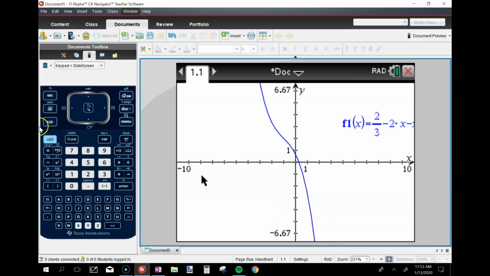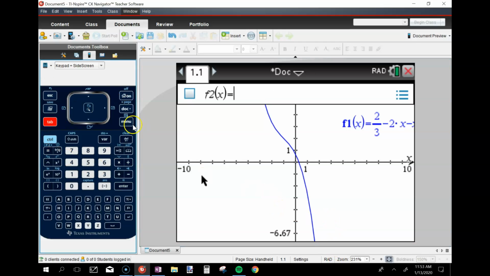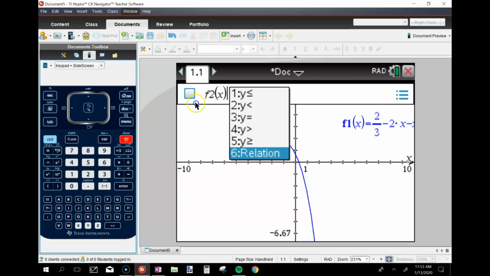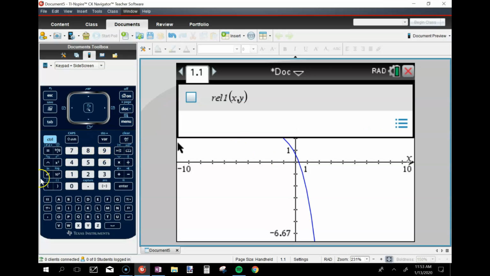And we said that the steepest, greatest tangent was this.